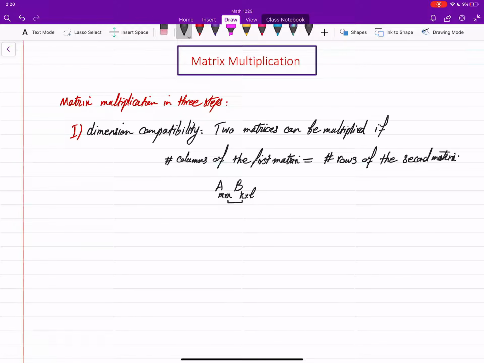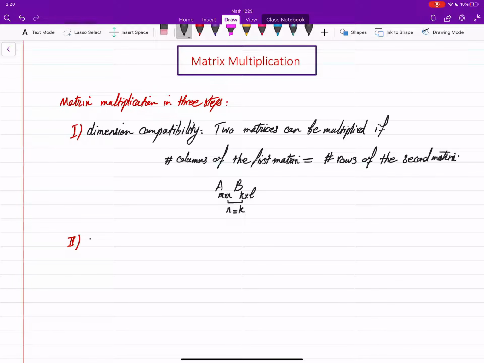So the number of columns from the first one needs to be equal to the number of rows of the second one. That's the first step, okay? When you make sure that that is correct, then we go one more step and say, okay, now we can multiply these two matrices.